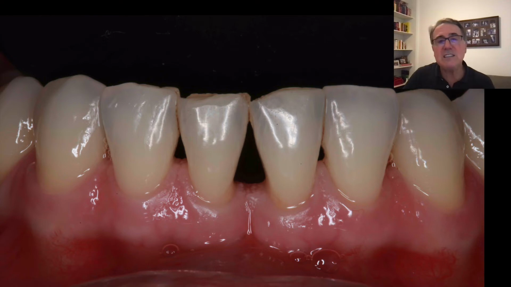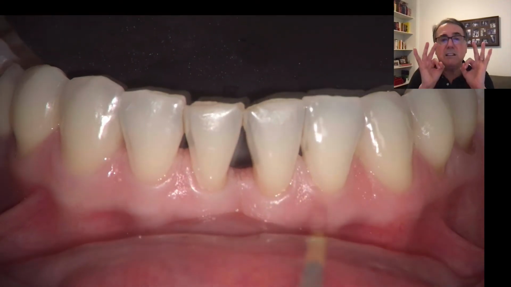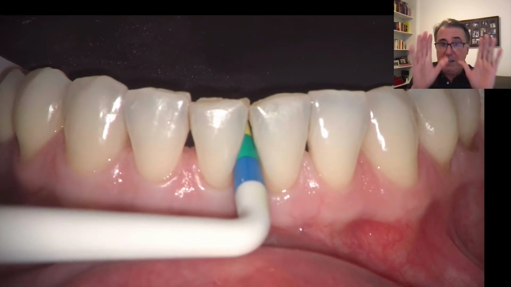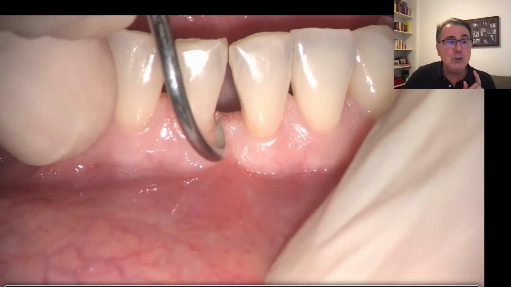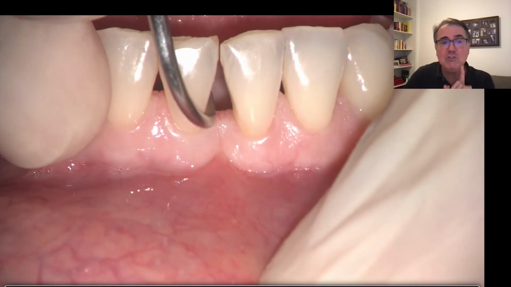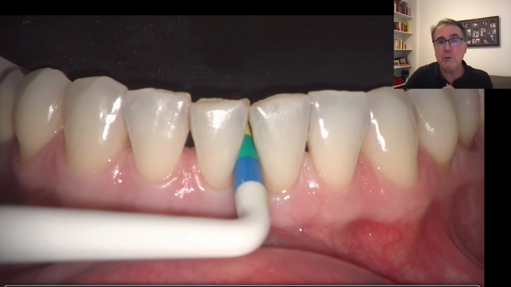So let's see this case here. First thing that we do, you need to clean the teeth, and before using your rubber dam, this is very important, you do your probing. You see that this large embrasure here goes all the way to the blue section of the probe.